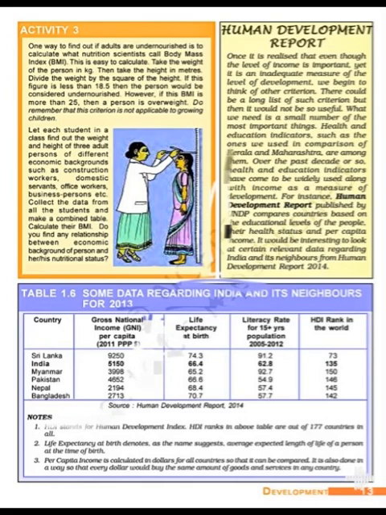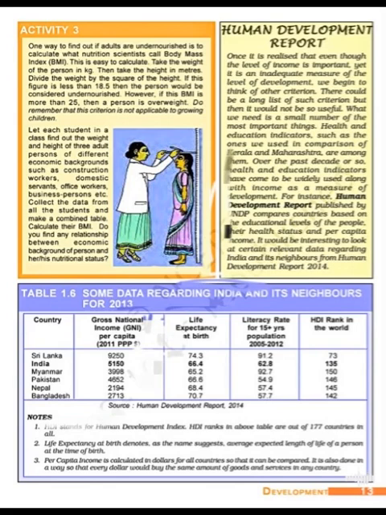It compares countries based on educational levels of the people, their health status and per capita income. So the World Bank is taking only one criteria, that is the income criteria, and here the UNDP is taking all these criteria into account, that is educational level, health status and per capita income.